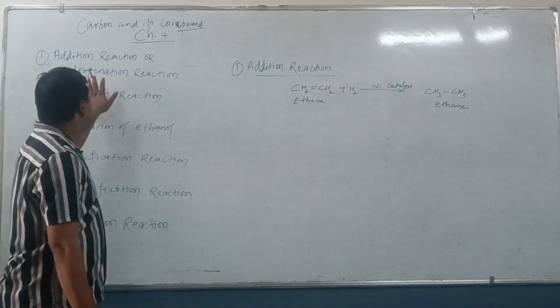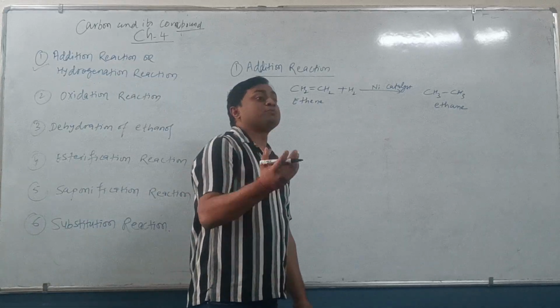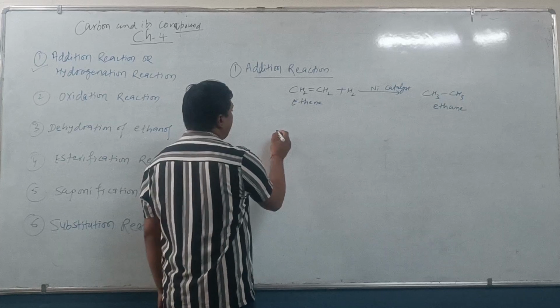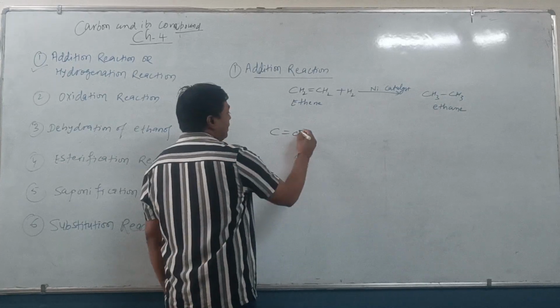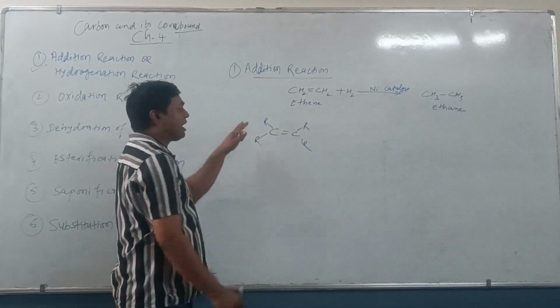Application of addition reaction is there, children. It is used to get vanaspati ghee from vegetable oil. What is vegetable oil? Carbon carbon double bond, R is a large alkyl group.